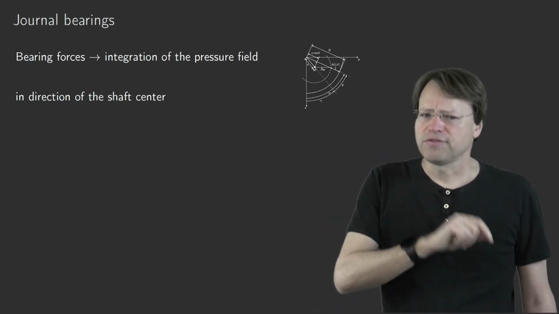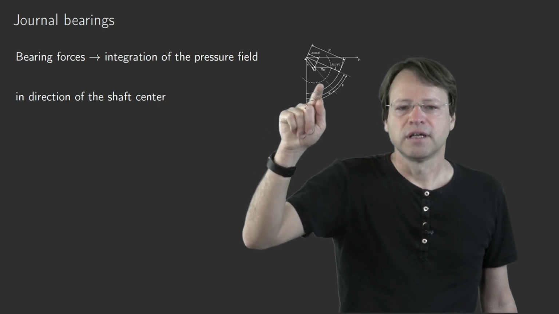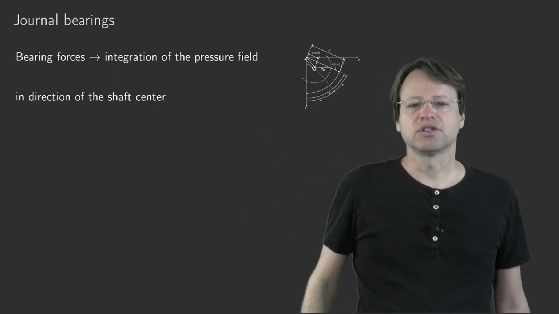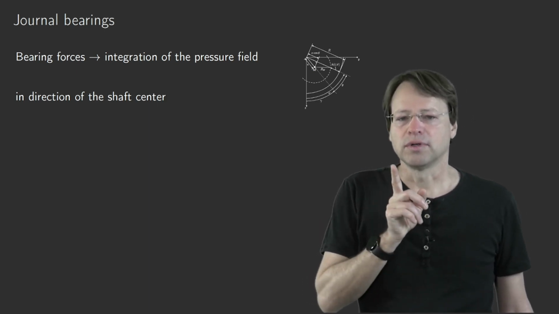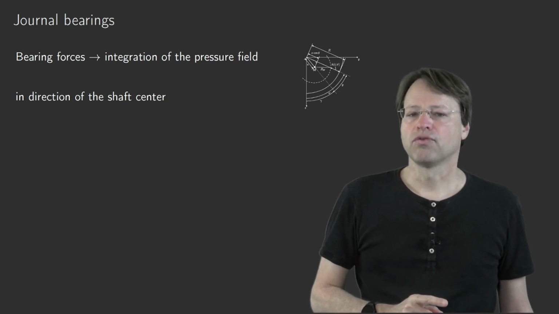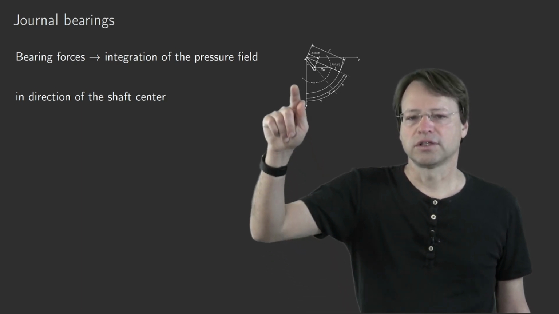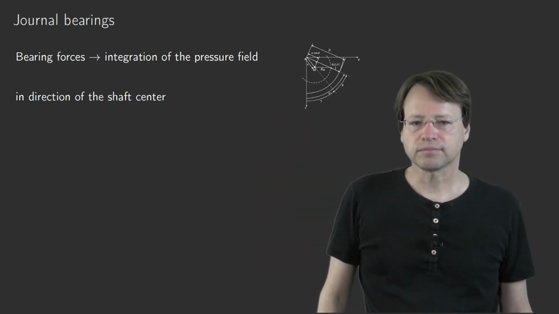If you look at the pressure field, it's a field, we will have the pressure field in circumferential direction, and the pressure is always in the direction or opposite to the direction of the surface normal of that surface of the shaft.